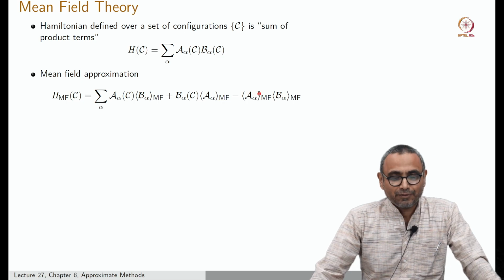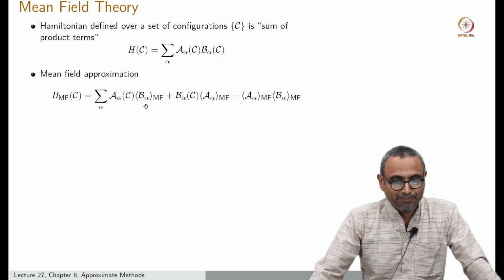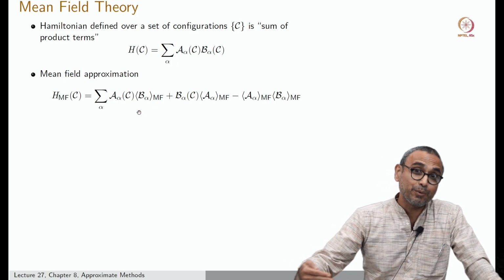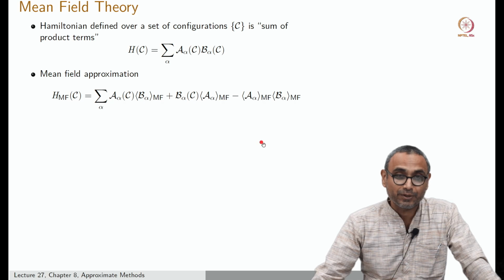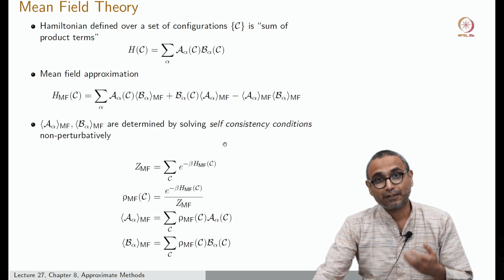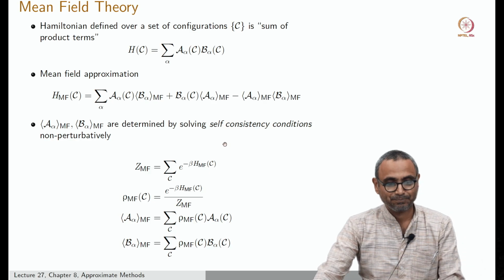And a crucial further approximation we made was that the mean field values are going to be evaluated in the same mean field Hamiltonian. To do this, you will end up getting a set of self-consistency equations.